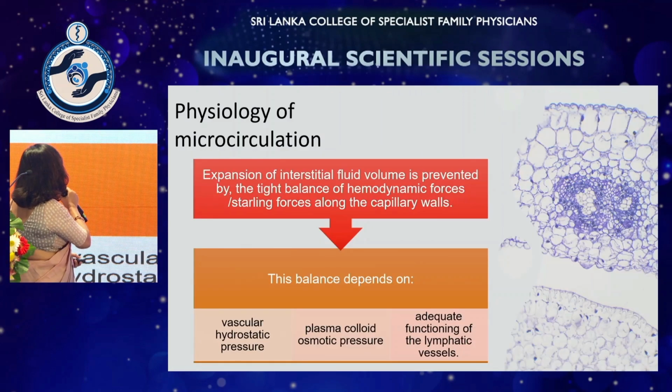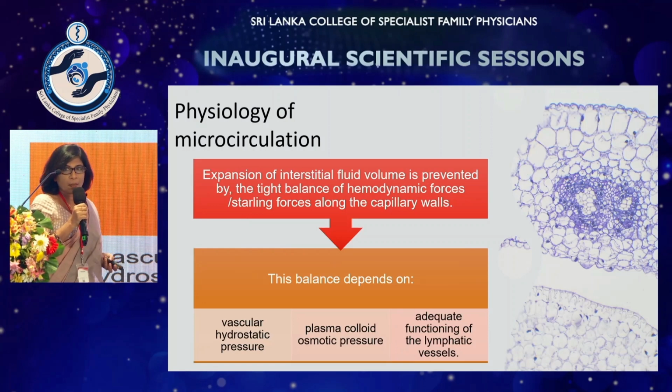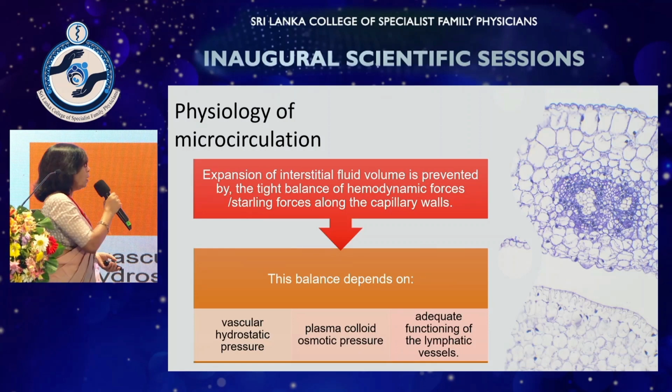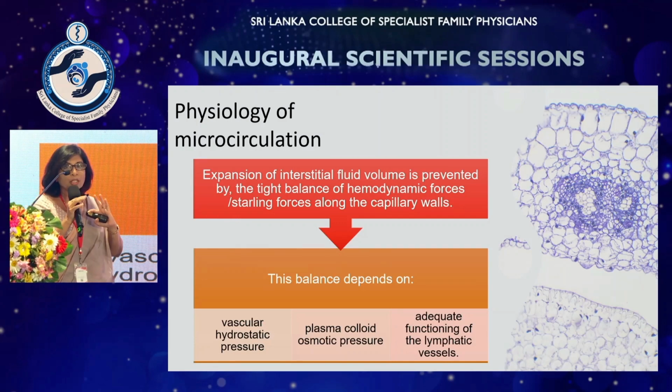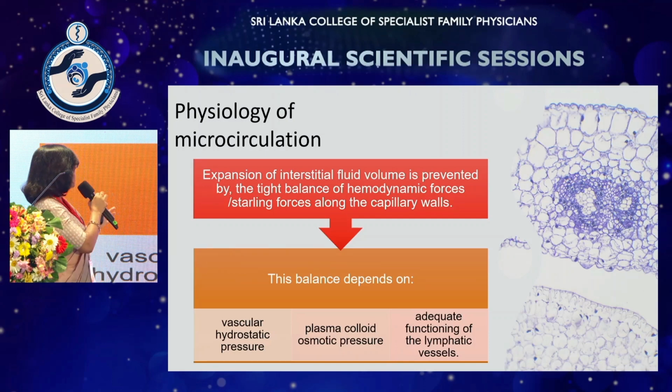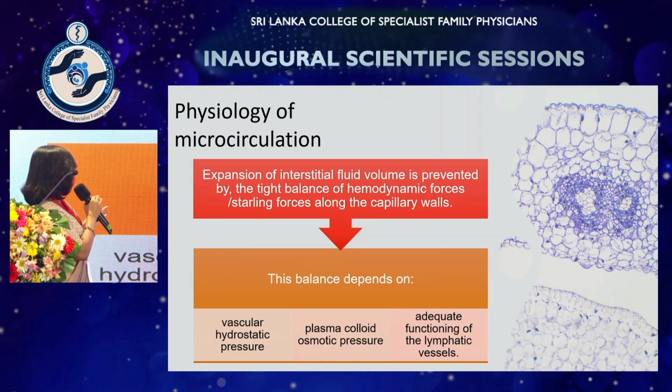Yes. Physiology of the microcirculation, I would like to talk about the microcirculation. Expansion of the interstitial fluid volume is usually prevented by a few mechanisms. It's because there's a tight balance of hemodynamic forces, what you call Starling forces, along the capillary walls.